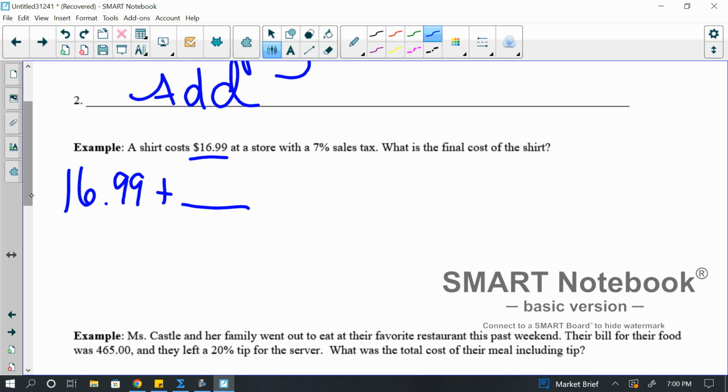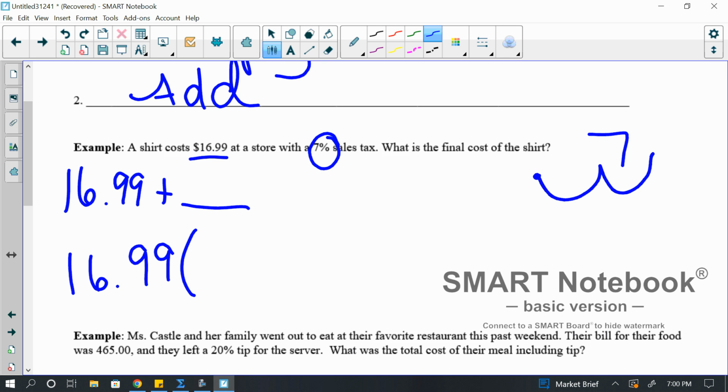So in order to get that, we're going to take our total and times that by 7% as a decimal. So again, move it over twice and fill in any holes with a 0. So that times that, we have to figure out what that is.